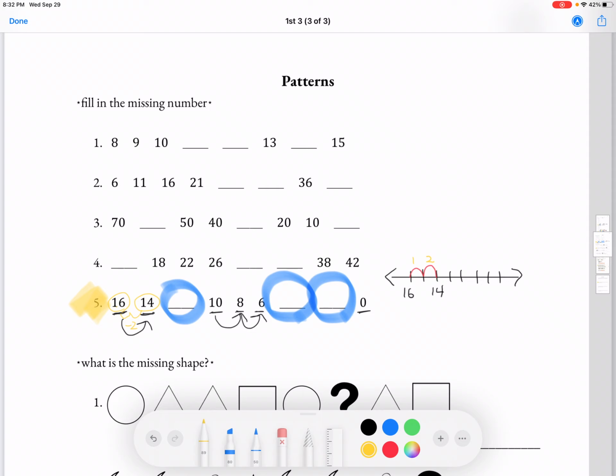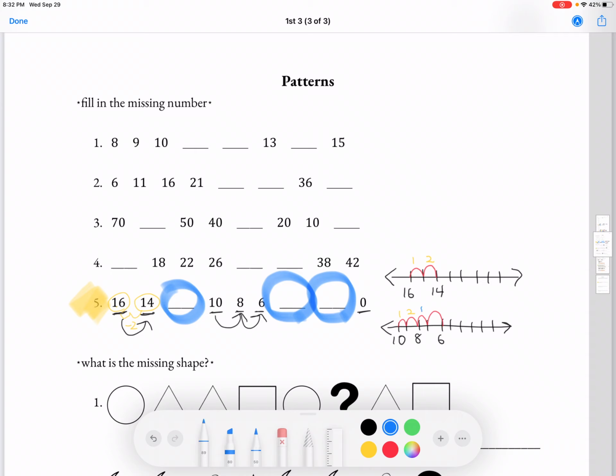We can check this again with 10, 8, and 6. We start with 10 and check how far it is from 8. So we have 10, 9, 8, which is 2 spaces. And from 8 to 6, we have 8, 7, 6.